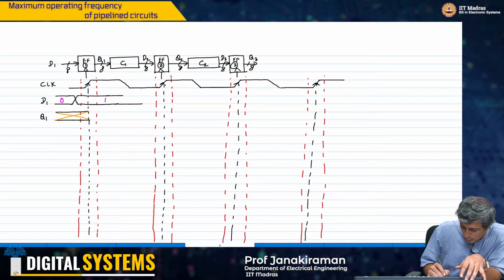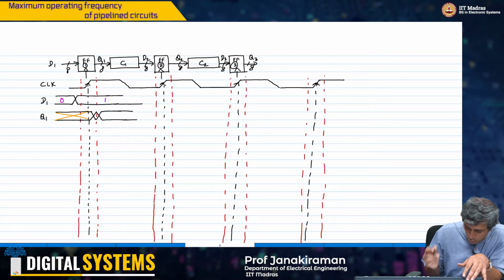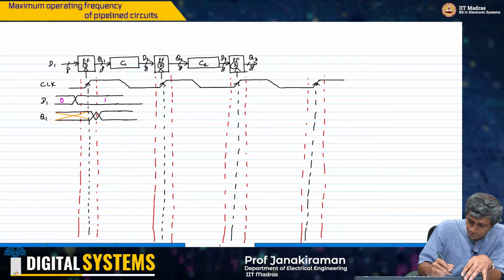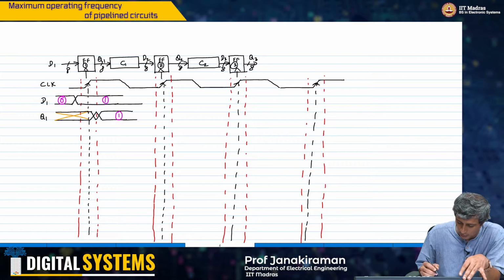So you will have some transitions like this and then it will stabilize to state 1.